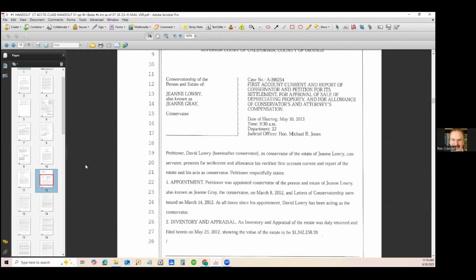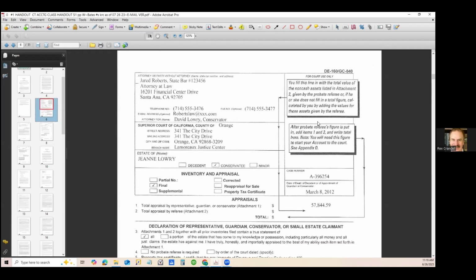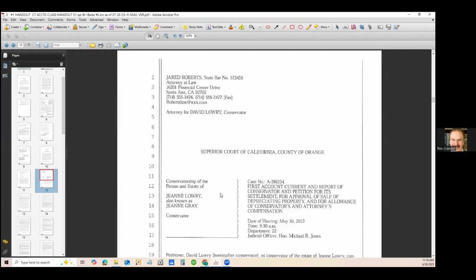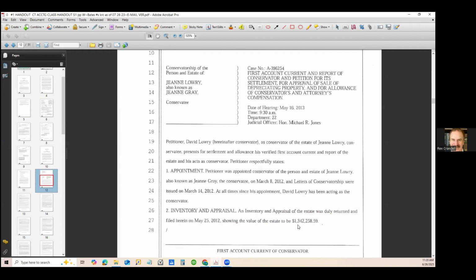So even though our sample, let's go back, only shows this, what happens is the probate referee gave a value. The total right here will be that total that you will include right here. So that's my total assets.